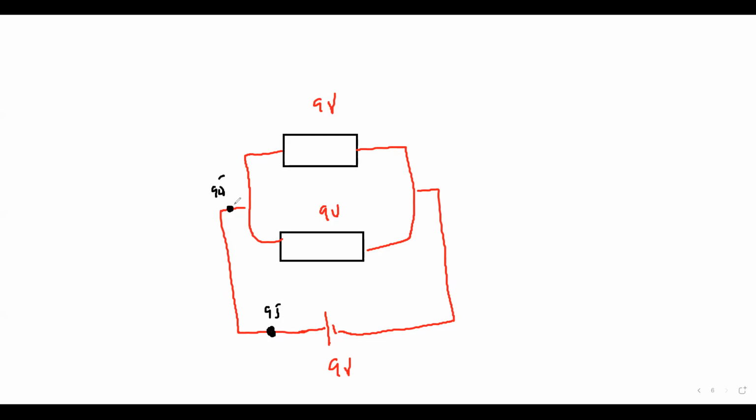But this charge cannot flow through each path. So for example, if this charge follows path 1, before entering it will be 9, and after passing through it is 0, and it returns back to the battery. So how much energy is transferred? That is 9. But what about the second one? How does it work?